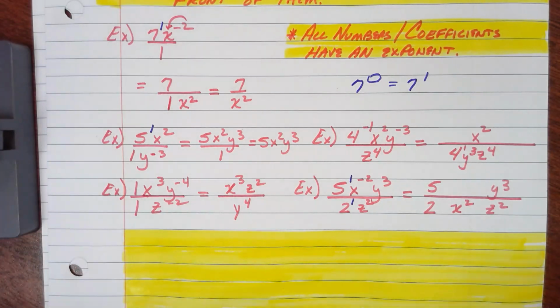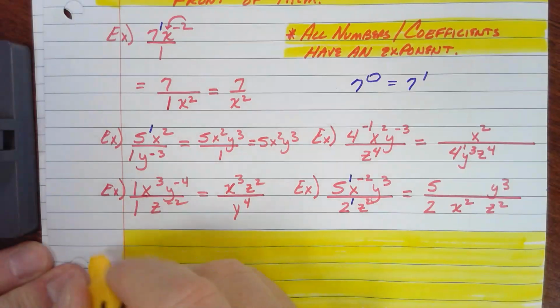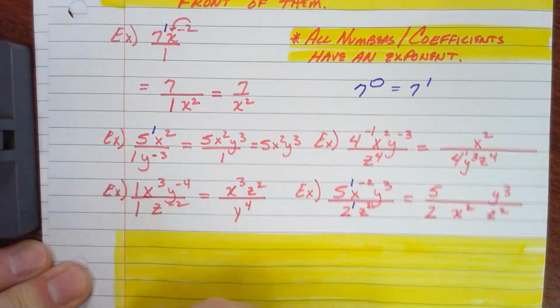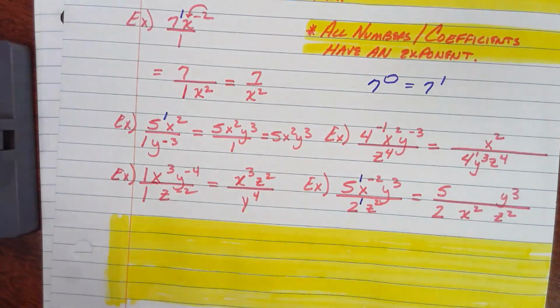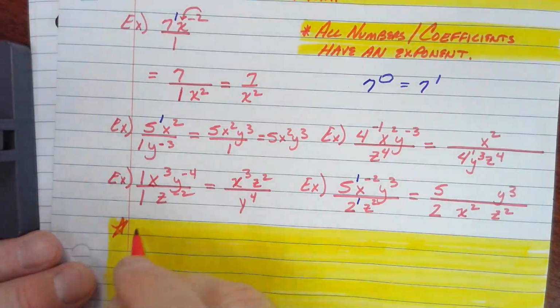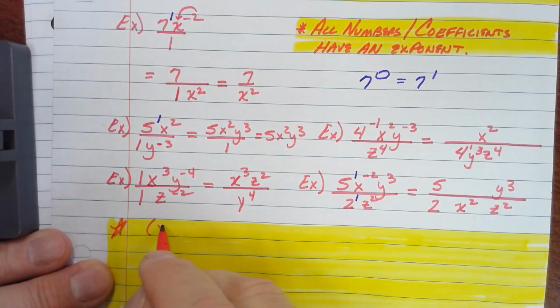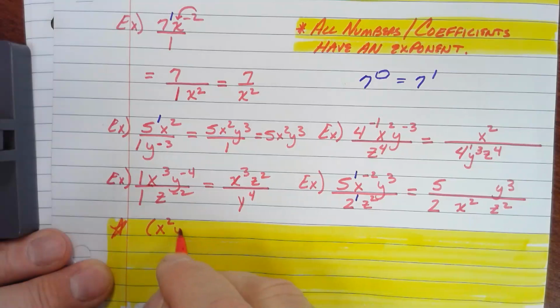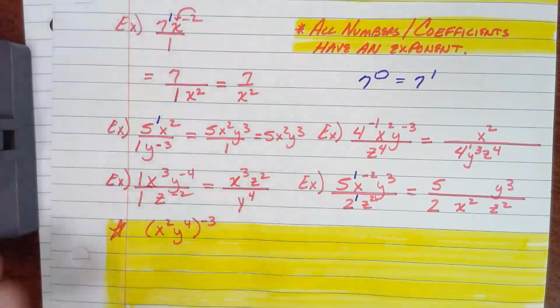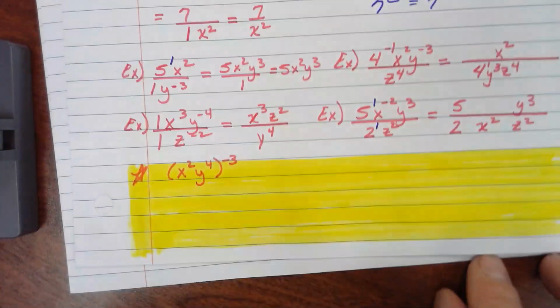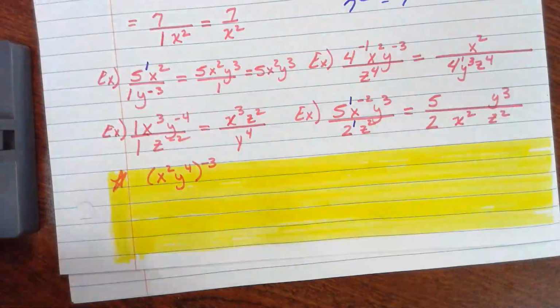The first one, the start example, x squared y to the fourth raised to the negative 3 power. Now we're going to go slow, and we're going to incorporate the things we already know.